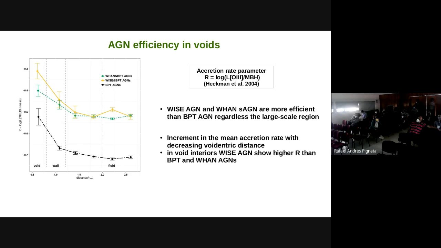The black is for galaxies that are only BPT AGN, the yellow corresponds to galaxies that are WISE and BPT, and green that are WISE and BPT. And for the three subsamples, we obtain an increment in the accretion rate parameter in void environments.